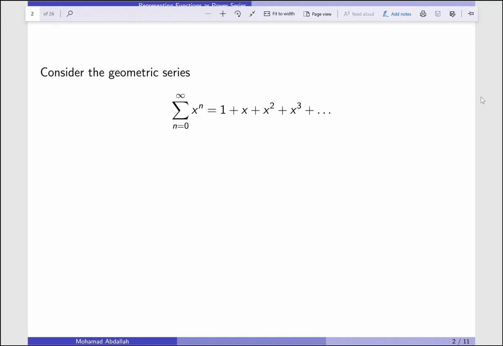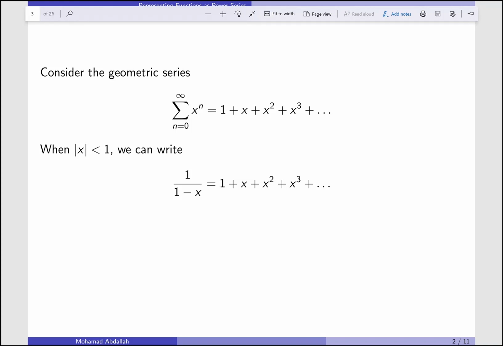When the absolute value of x is less than 1, meaning x is between -1 and 1, then the sum has a formula, which is 1 over 1 minus x. We've seen this before when we first talked about infinite series and considered the geometric series.